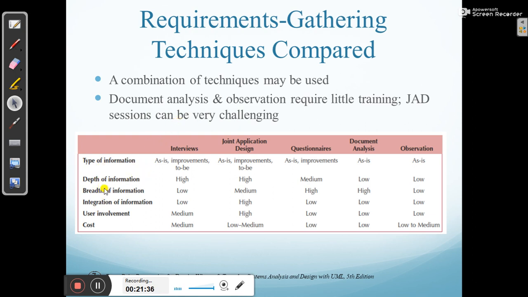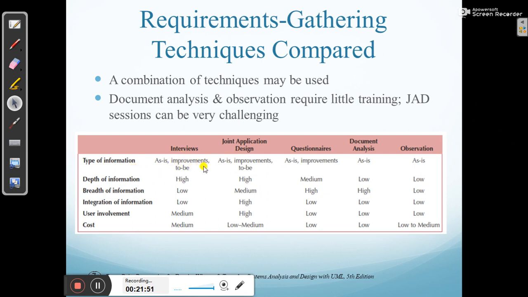Here you can see a table: interviews, joint application design, questionnaire, document analysis, observation, and the type of information you will gather in each way.